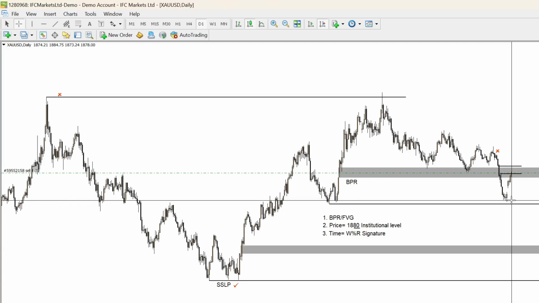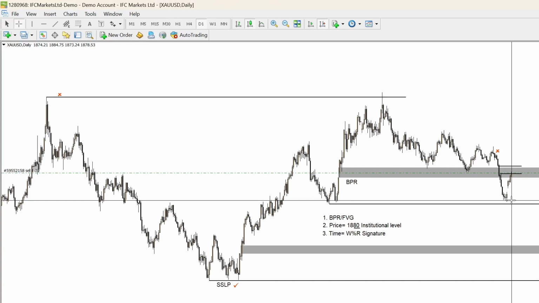Think about it. If we're retracing into a premium, we have to retrace over 50% of the range. What are the likely numbers that price is going to retrace? What number of pips is price going to retrace?